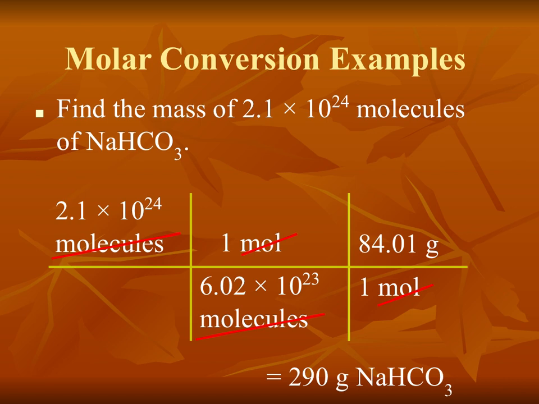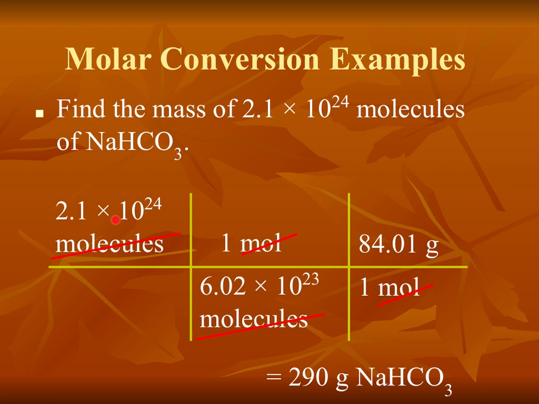And then luckily, if you remember our last video, we could figure out the molar mass of sodium bicarbonate by going to the periodic table and finding how many grams per mole of sodium, how many grams per mole of hydrogen, how many grams per mole of carbon, and then multiplying 3 times how many grams per mole of oxygen, and adding all those together gives us the grams per mole of this one single molecule, right?